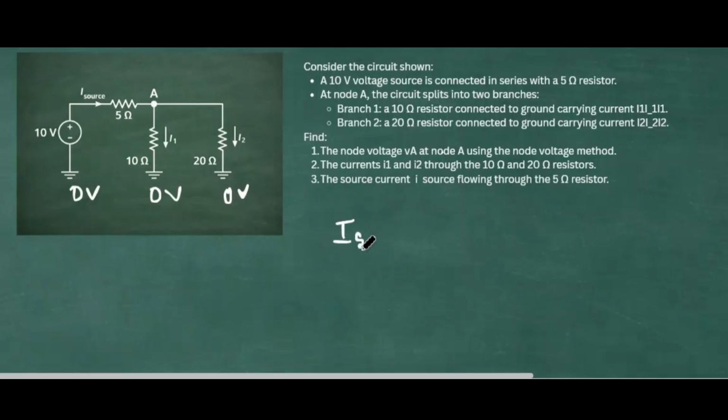I source is equal to the supply voltage of 10 volts minus VA, divided by 5 ohms. This is the I source current.